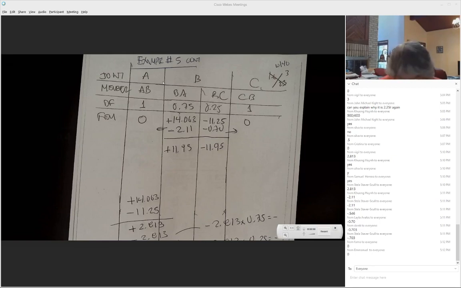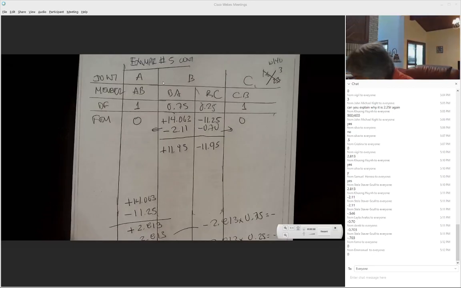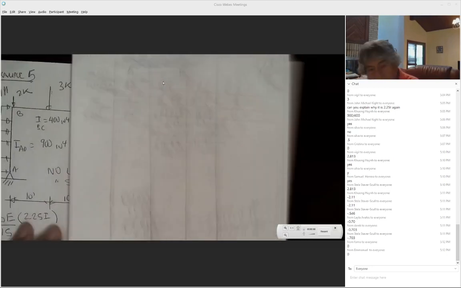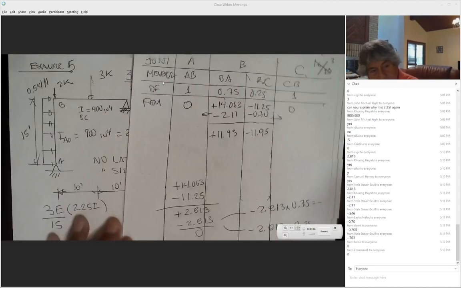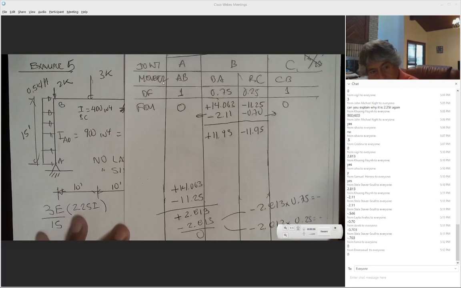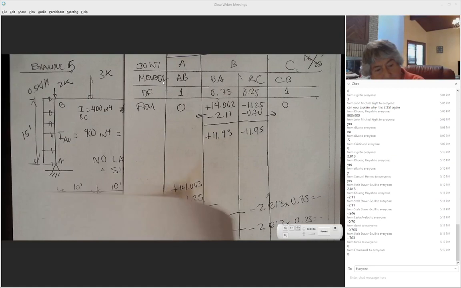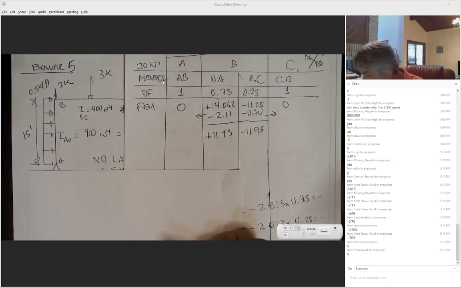So when I want to plot, look, this is my moment. I'm going to plot the free body. I'm going to do member AB first, in here.